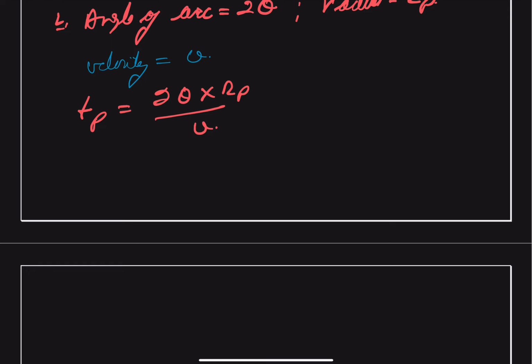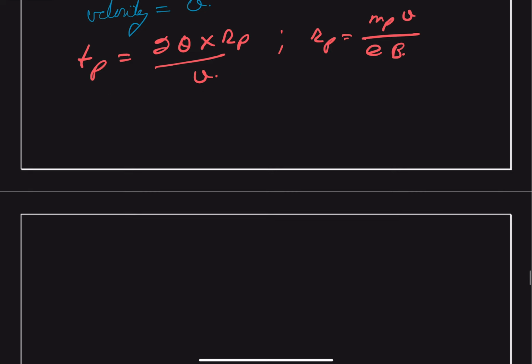Now we can find the radius. It is quite simple: it is a balance of centripetal force and the force because of the magnetic field. So we get r_p as m_p v divided by e B, where B is the magnetic field.